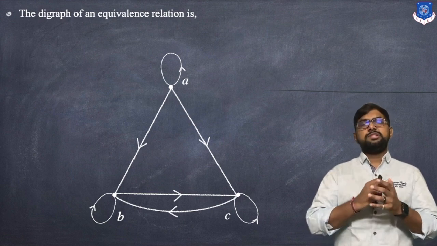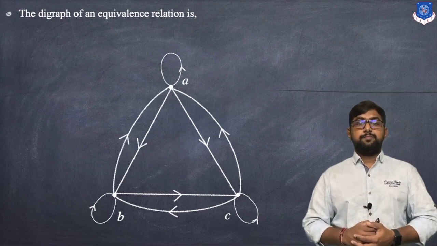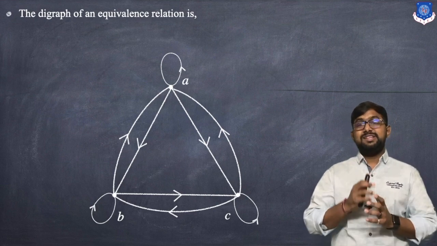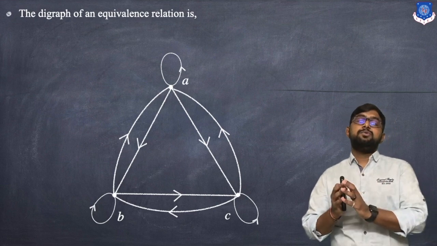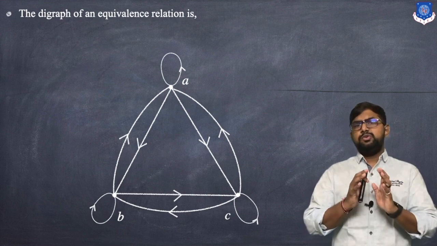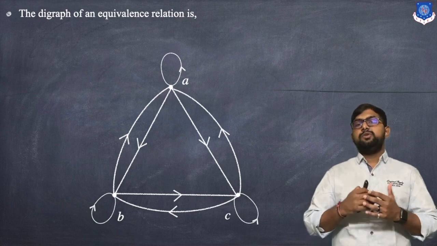Now just draw these. You can see that a is related to b, b is related to c, and then a is related to c. You can check for any pairs of 2, so you will get the idea.